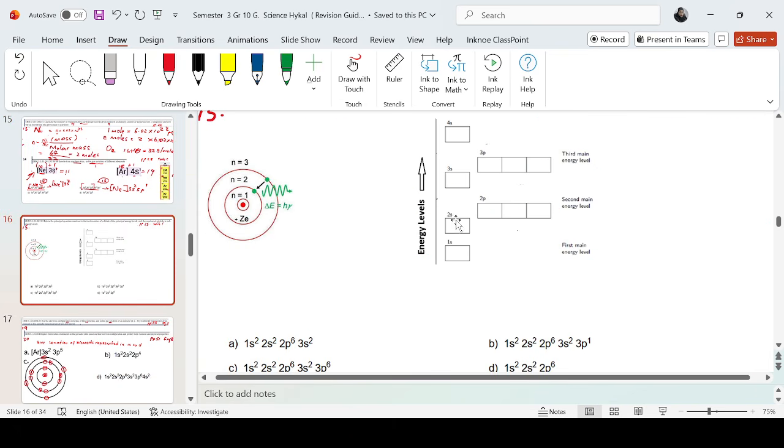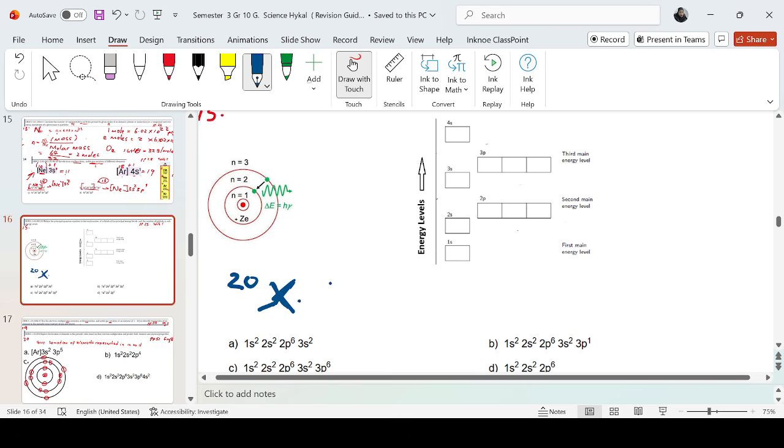Do like this. Let's write one for practice. We have an element X with atomic number 20. Let's write the noble gas notation of this one.